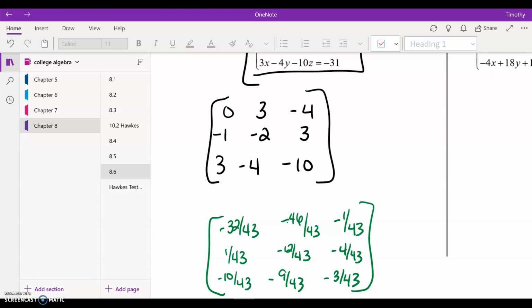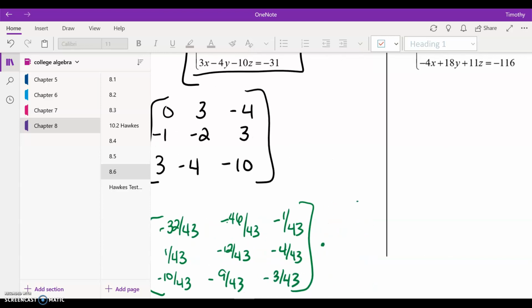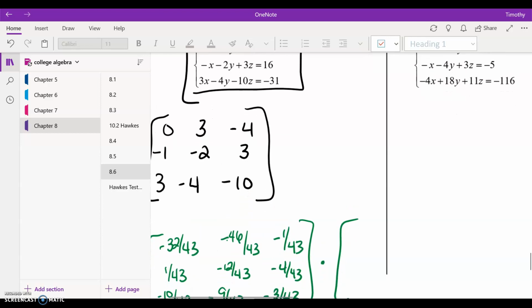So I found my inverse, and you multiply it by the answers that you had above. So -18, 16, and -31.